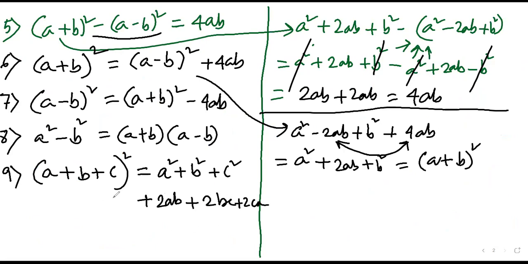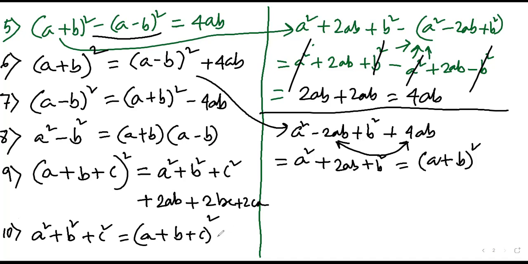So this is the formula, and again from this expression we can find a square plus b square plus c square, so that at the exam we need less time to find the value of any expression.